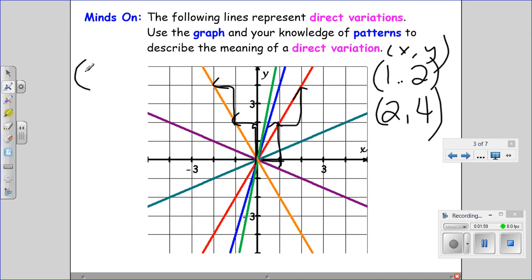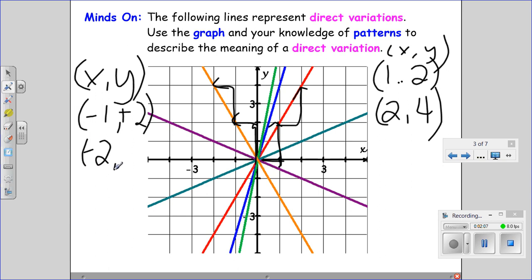If I look at the orange line and I look at the ordered pairs x and y, when x is negative 1, y is positive 2. When x is negative 2, y is positive 4. So instead of multiplying by 2 this time, we multiplied by negative 2.